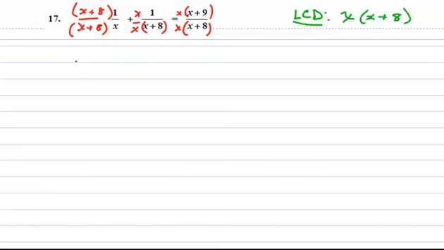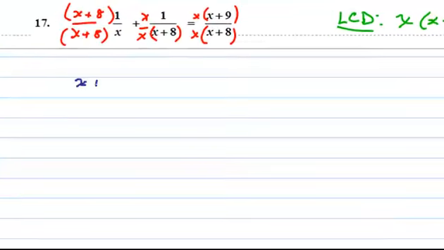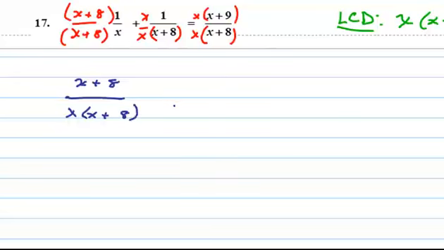So we wind up in this first term with x plus 8 over x times x plus 8. In the second term, we wind up with x over x times x plus 8.